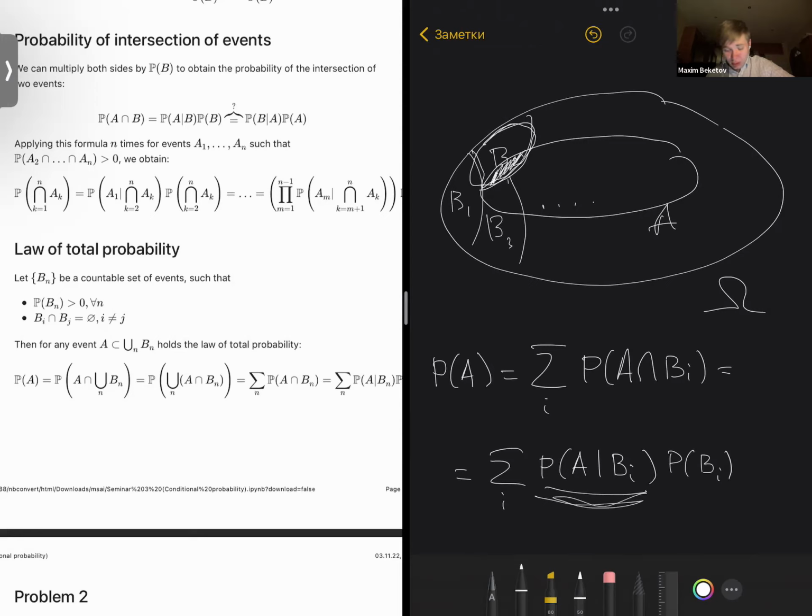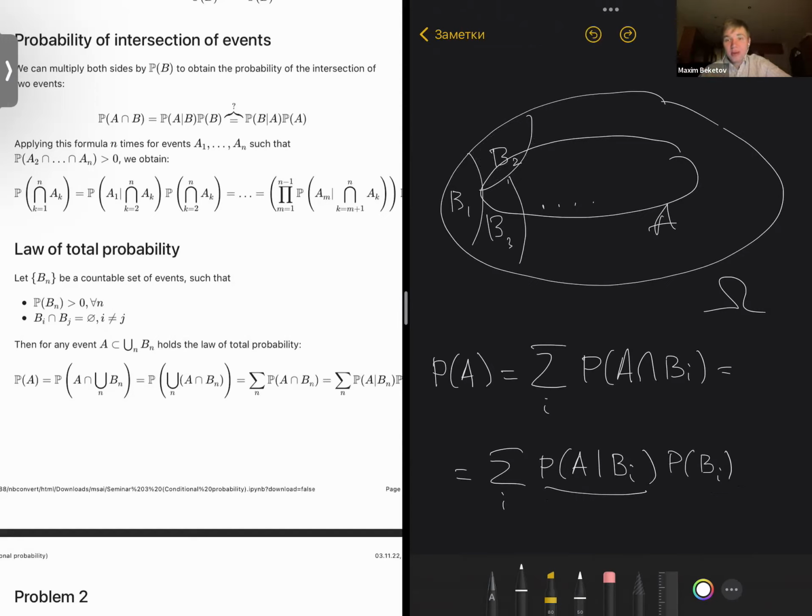So what we get is not the area but rather the ratio of areas. So to find the area, you need to multiply it by P of B, right? And that gives you the area of the intersection. I hope that was clear.